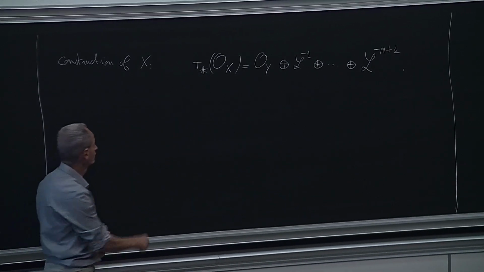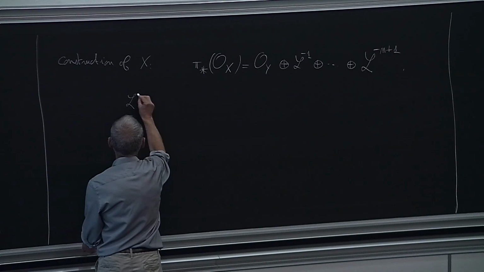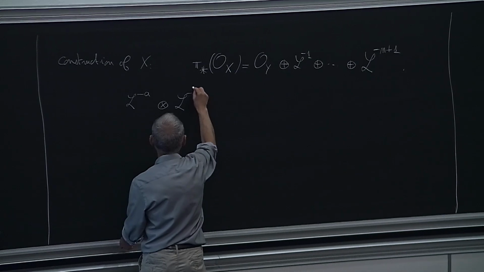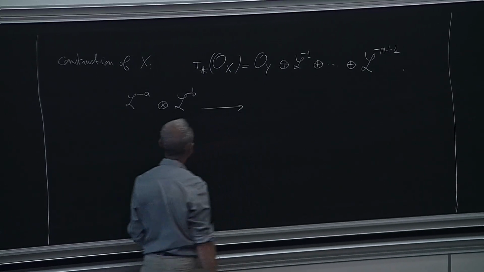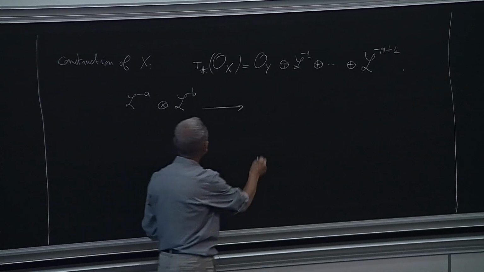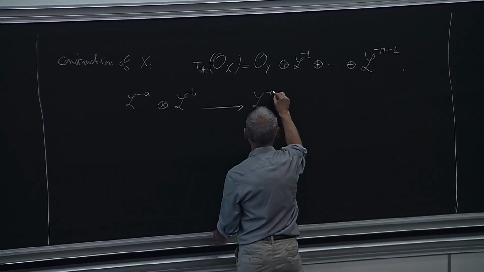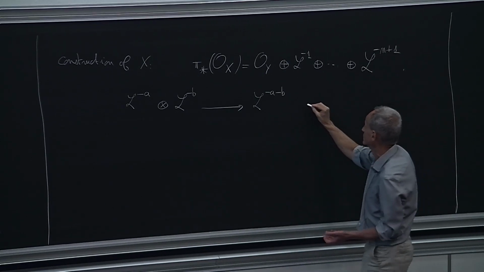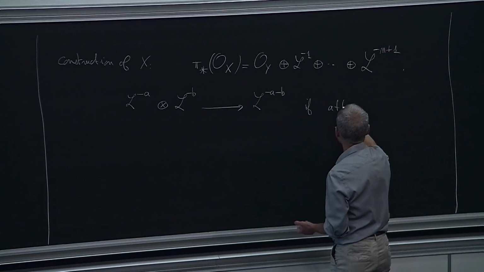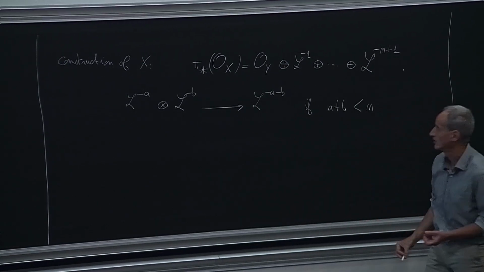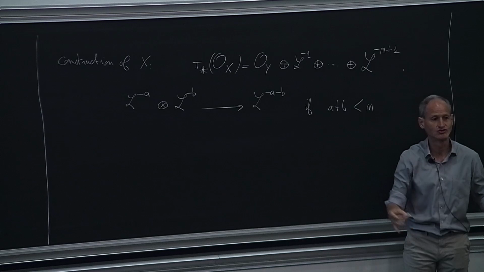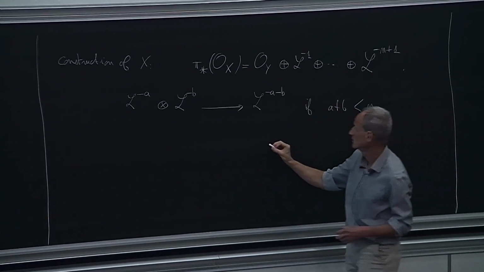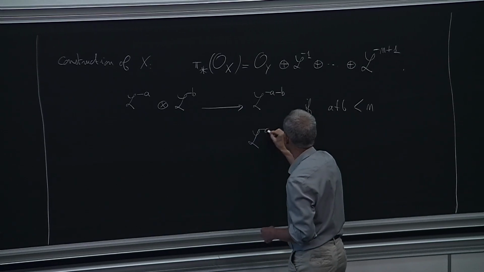Define a multiplication on this. This is the correct range, so a plus b is smaller than n. And you get something which is too small, so you have to put it back in this way.